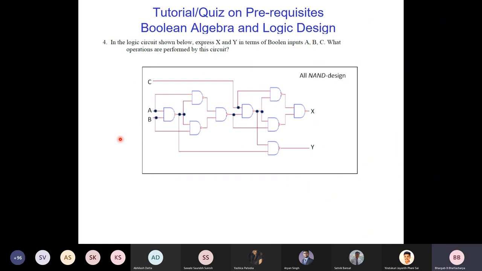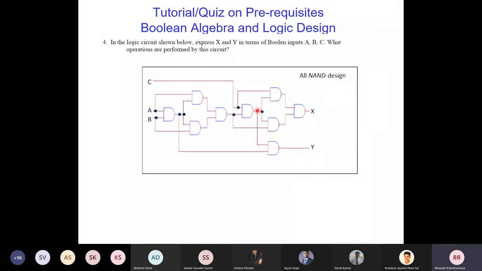Based on that philosophy, this is a design which comprises only NAND gates, and it has multiple outputs: three inputs and two outputs. So this is a multi-output combinational circuit. And there are some fan-out lines. That means the signal goes here, and the same signal goes here, and so on.